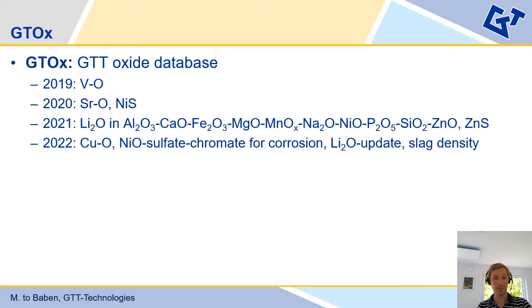This year we have added copper oxides to the GTOx database. We have a major update on the nickel oxide, especially the sodium, potassium, magnesium, calcium, sulfate, chromate system that's important for hot corrosion, and also a first slag density model is now included.